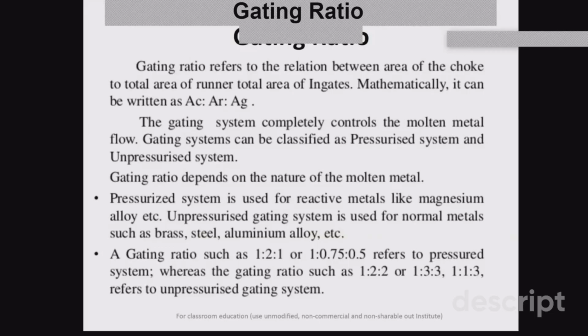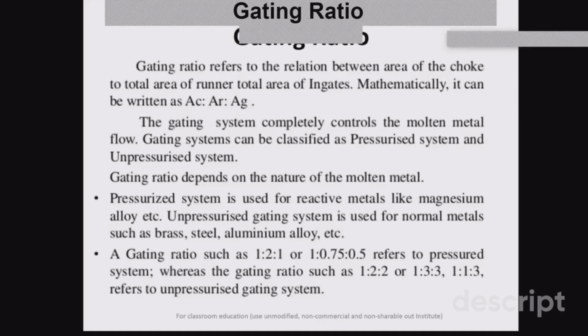And this gating system controls the molten metal flow, and based upon the area or the size of these three different components, the choke, runner and gate, the gating system can be classified as a pressurized system and an unpressurized system. In a pressurized system, the area right from the choke to the gate is gradually reducing.